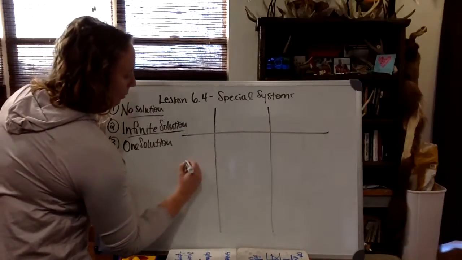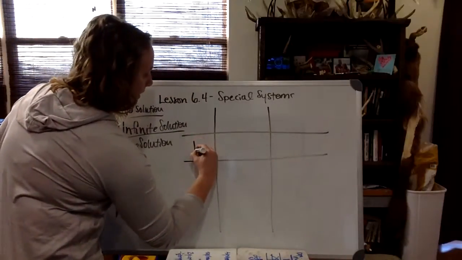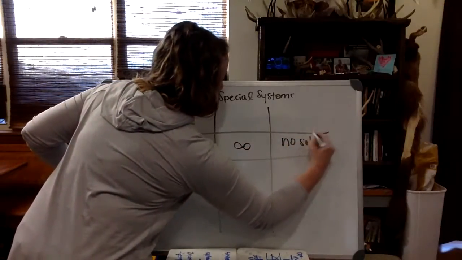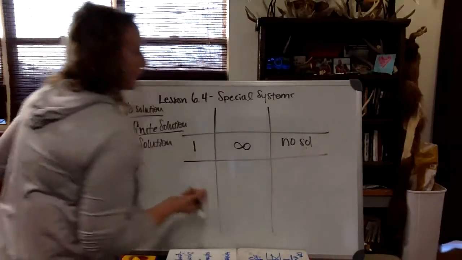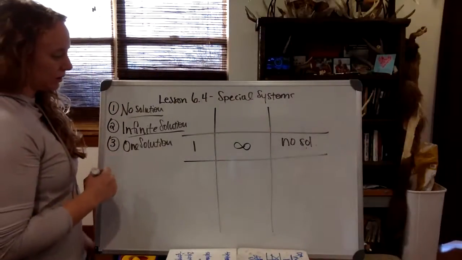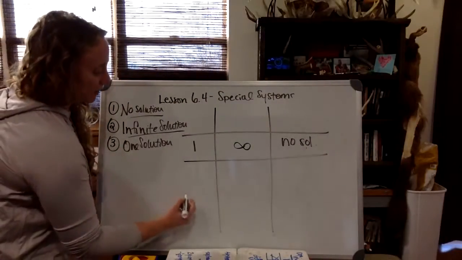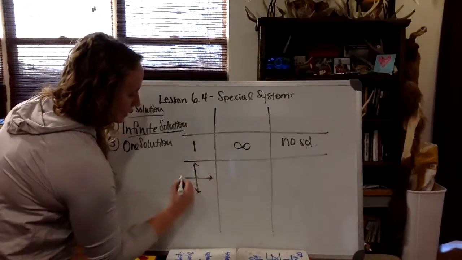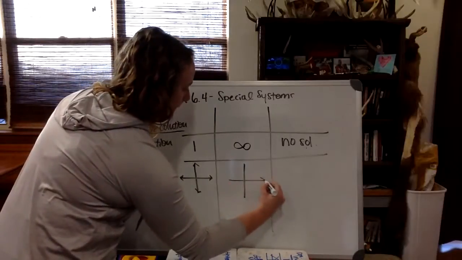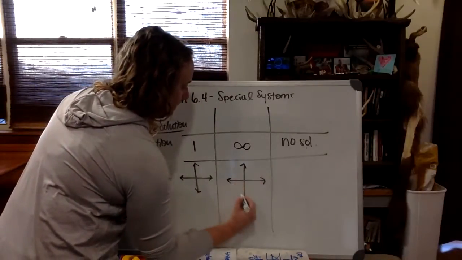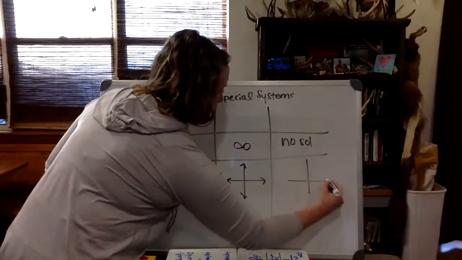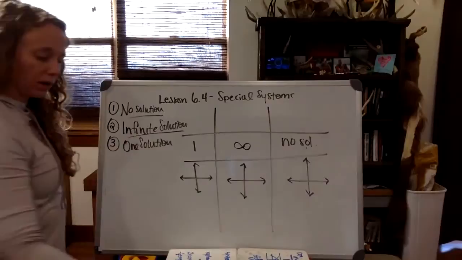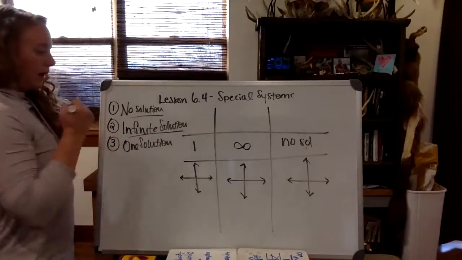If we look at each one of these scenarios, we can draw a graph of each one. So I'm going to make little graphs here so you can see them all. And this table might be something that you would want to put on your note card for our test on this concept.